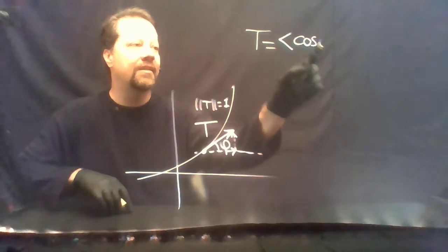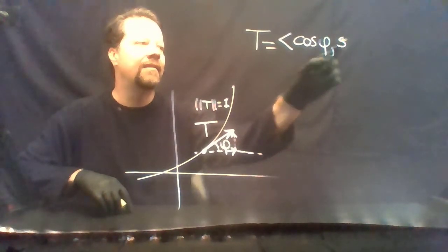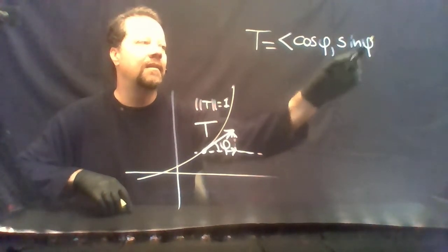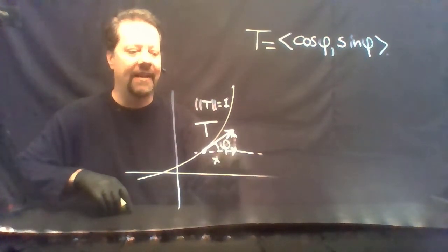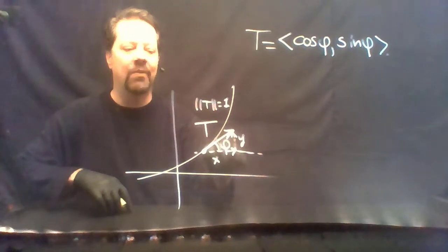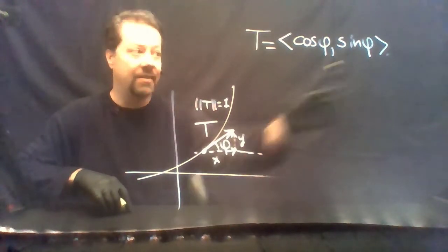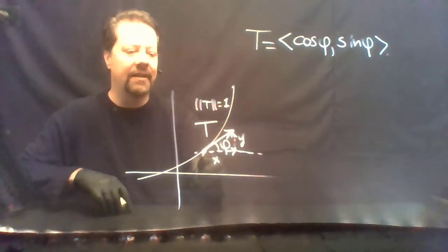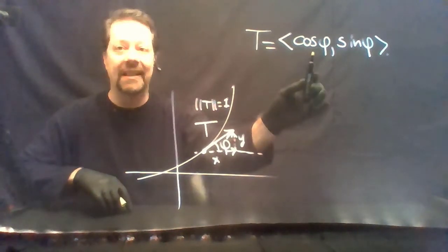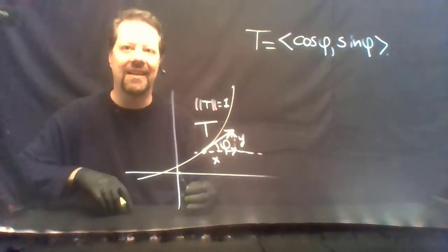It is cosine phi, sine phi. It must be. We'll have an x and a y. Y divided by 1 is sine phi, which means the y coordinate is sine phi. X divided by 1 is cosine phi. So again, x is cosine phi.